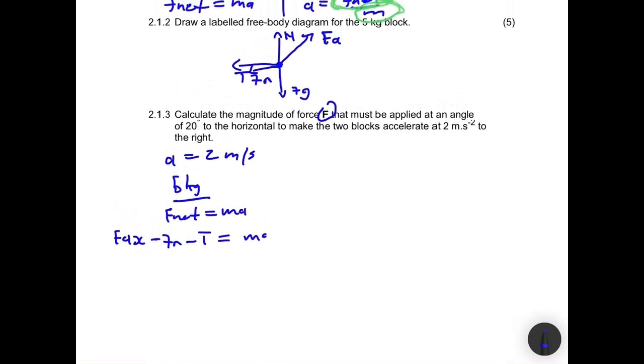So what is Fax? Fax will be the force applied multiplied by cos of 20 degrees. We know that if you want to find the x component, you take cos of the angle, and if you want to find the y component, you take sine of the angle, assuming that you are on a flat surface. And then minus frictional force.